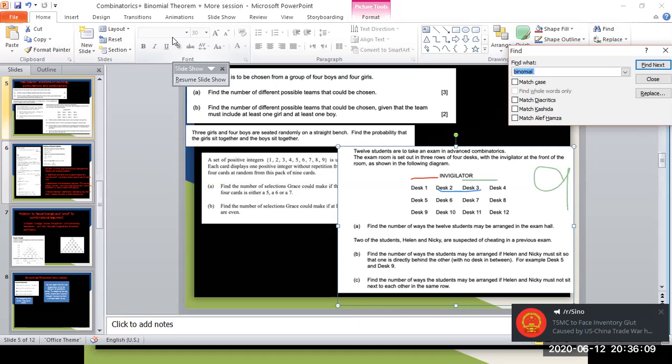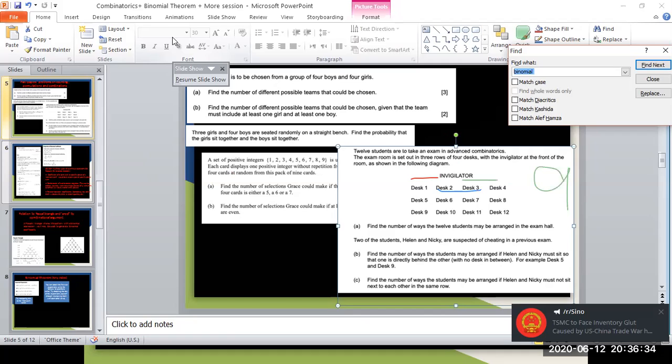But then you could also have it such that either Helen is in desk 1 and Nikki is in desk 2, or Helen is in desk 2 and Nikki is in desk 1.